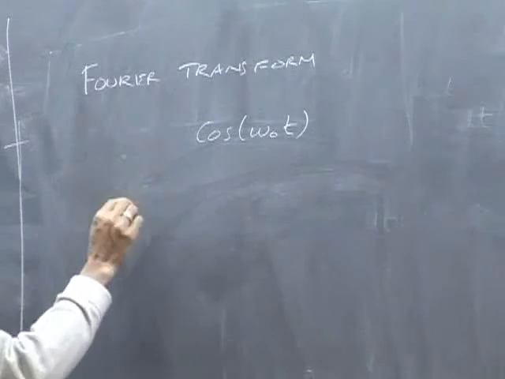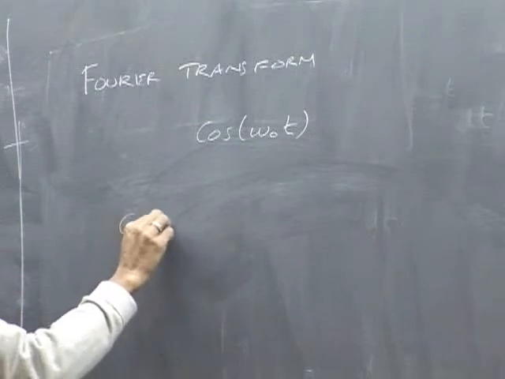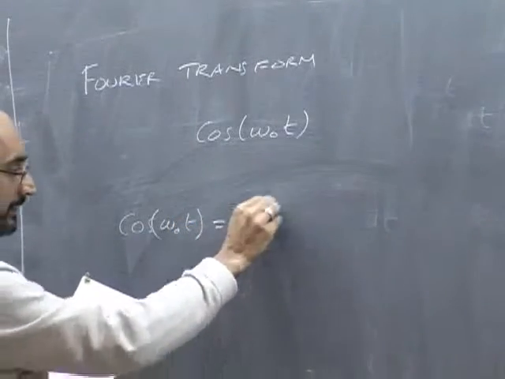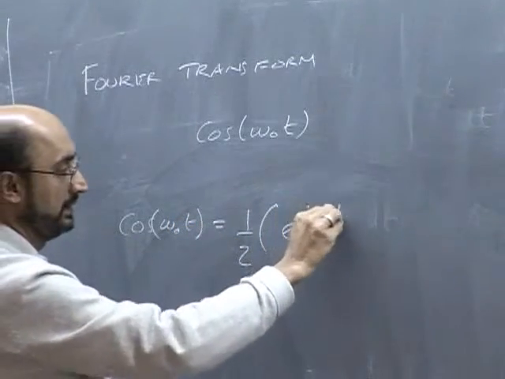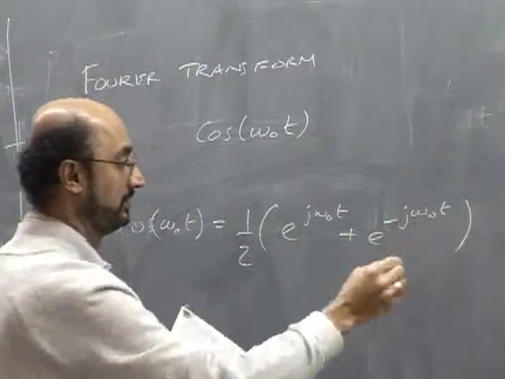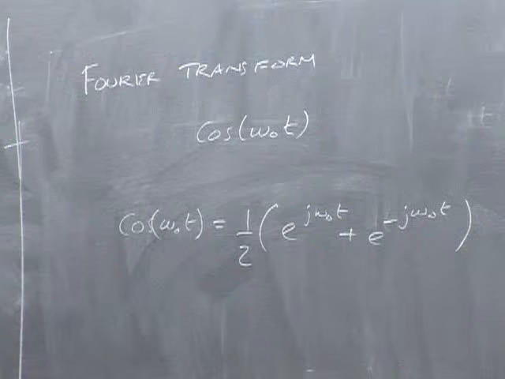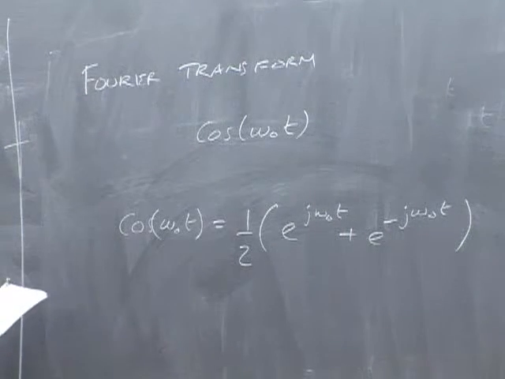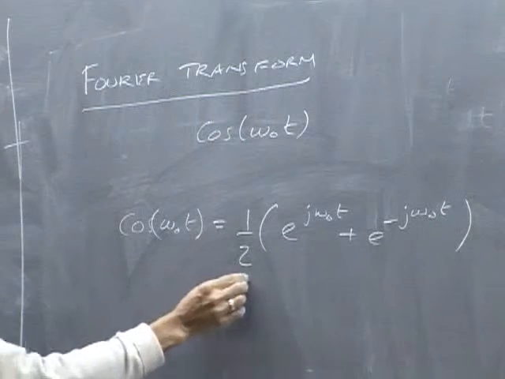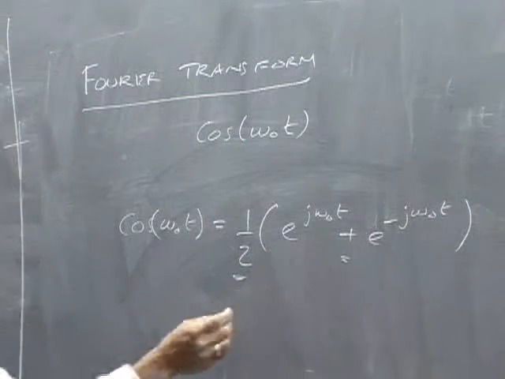So using Euler's formula, we can write cos omega naught t equal to half of e to the j omega naught t plus e to the minus j omega naught t. Okay, that's good. So now we have a half and we have an addition.